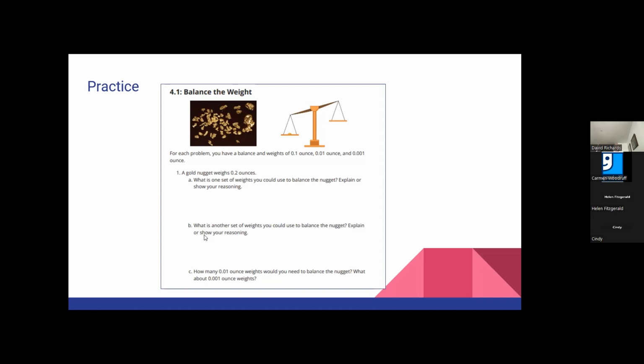And so it says for B and C, different questions. What is another set of weights you could use to balance the nuggets? And C says, how many 0.01 ounce weights would you need to balance the nuggets? So they give you an example to use. A really great activity just to get people talking.